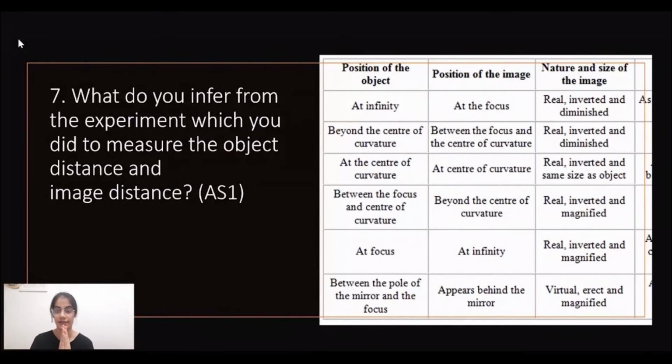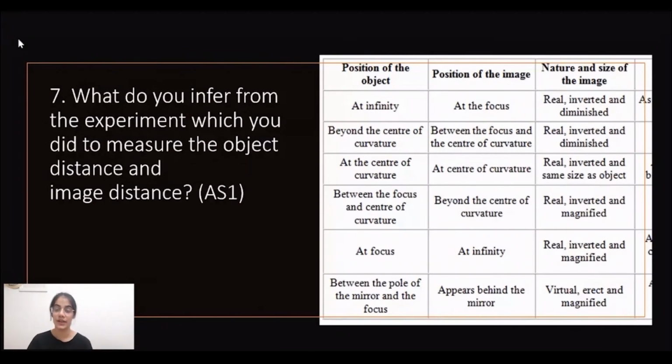At a certain distance from your candle, you will place a paper screen, and now you will place your candle at different distances just to measure object distances and image distances, and you will be able to observe what we already discussed through ray diagrams. So what you infer from the experiment were the position of the object that you put, that was the candle, and the position of the image of the flame that you got.